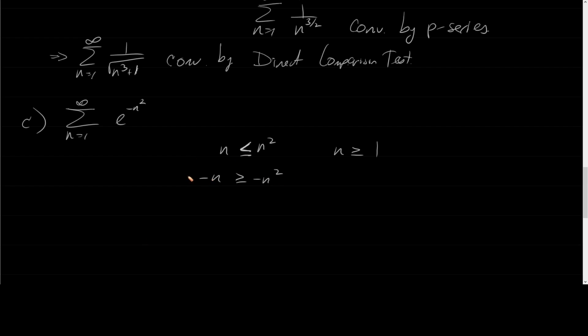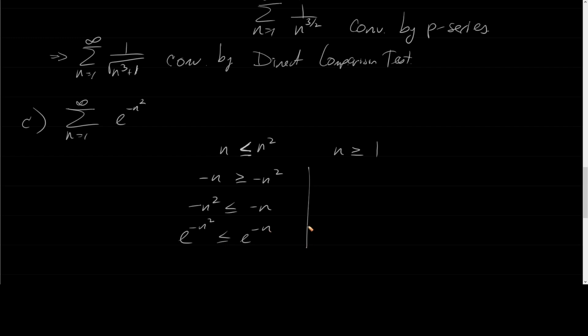Remember, when we multiply an inequality by a negative, we have to change the sign. We have to reverse it. So I'm going to rewrite it now as negative n squared is less than or equal to negative n. And if I exponentiate both sides, I end up with e to the negative n squared is less than or equal to e to the negative n.